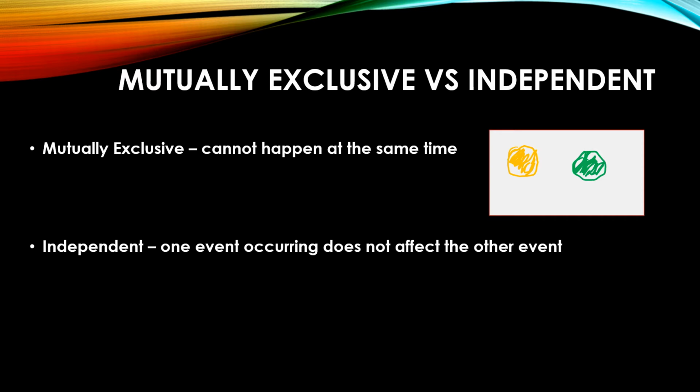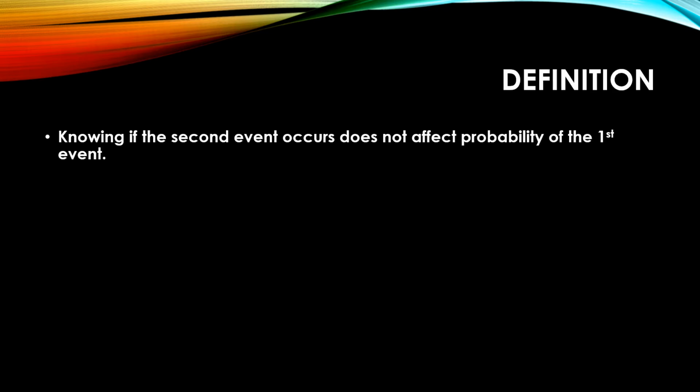Now, independent is when one event occurring does not affect the other event. So knowing the second doesn't change what you know about the first. We're going to start with the easier to understand definition, and it's knowing if the second event occurs does not affect the probability of the first event.